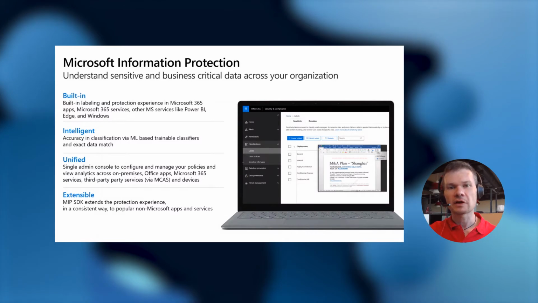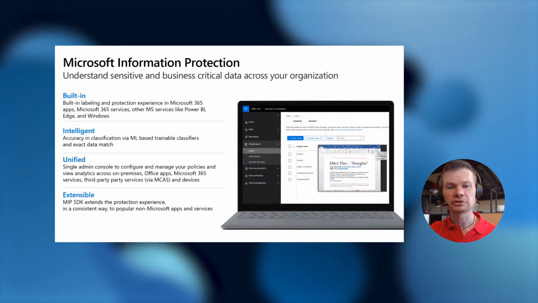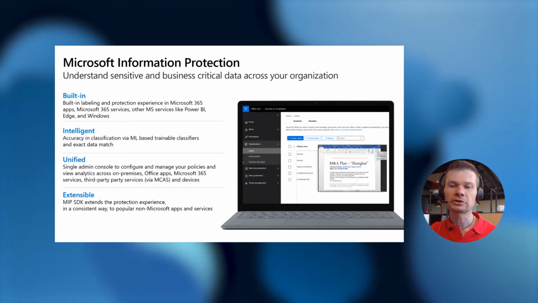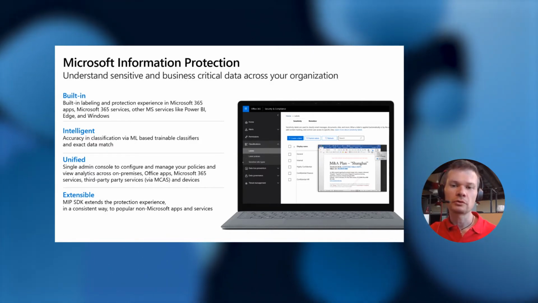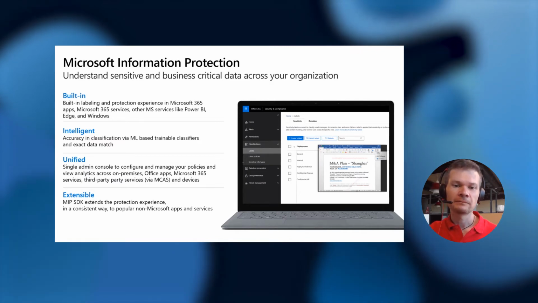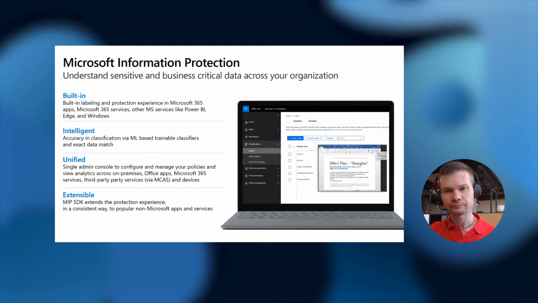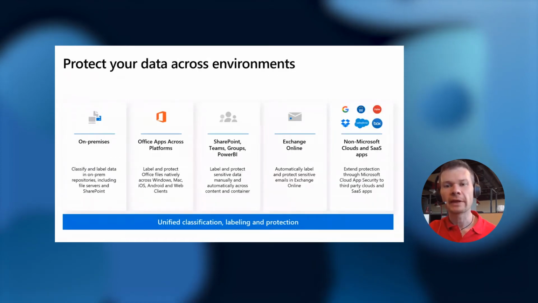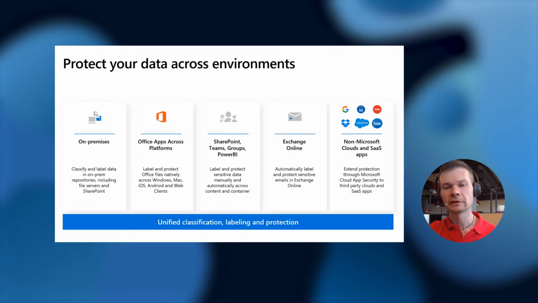Second, the experiences are powered by intelligent and automated classification. The policies such as encryption and data loss prevention go across a comprehensive set of workloads and file types, and they are managed by a unified M365 compliance center. There is no information protection offered by any competitor that goes across protecting sensitive data throughout the digital estate and comprehensively across all environments.